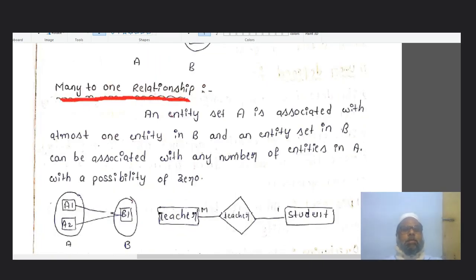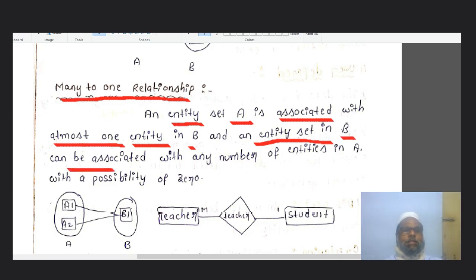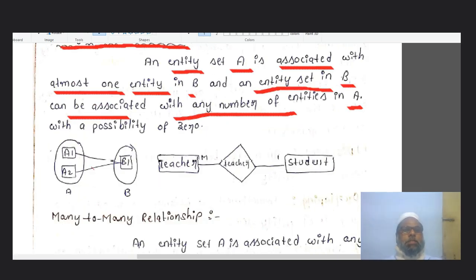Next, the many-to-one relationship. In a many-to-one relationship, an entity in A is associated with at most one entity in B, and an entity in B is associated with any number of entities in A. Observe this diagram. Here, these two entities A1 and A2 are associated with B1.